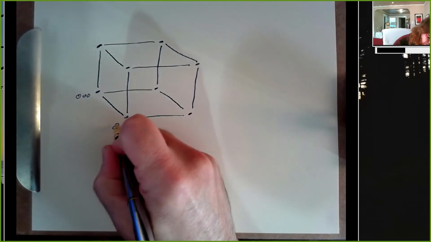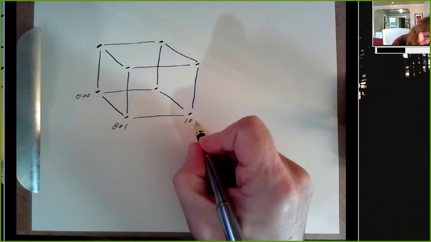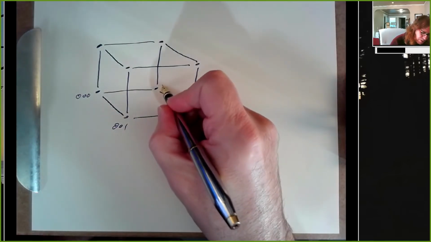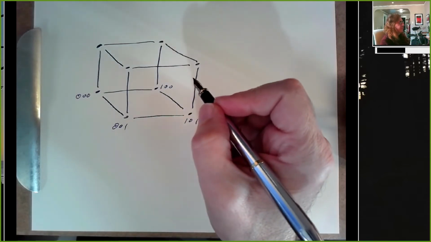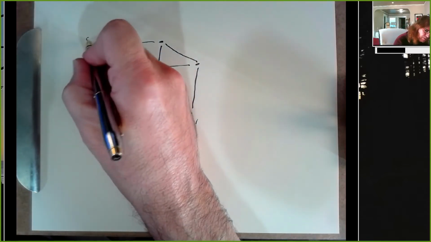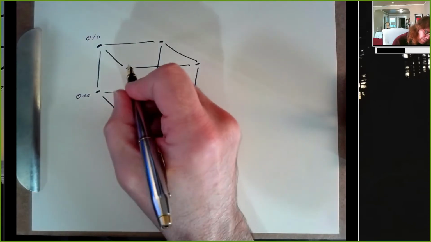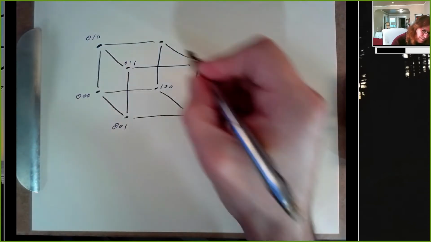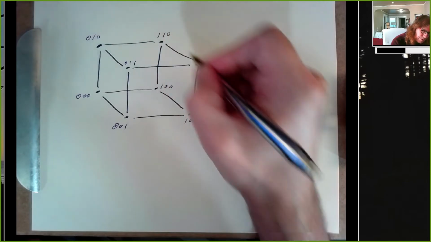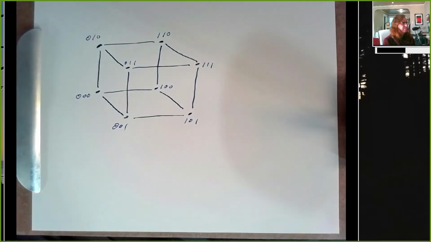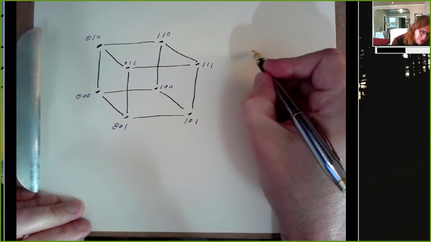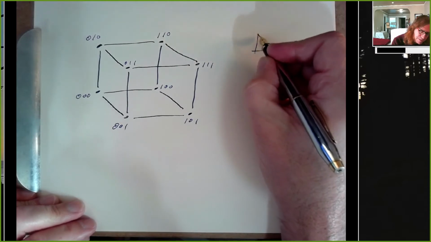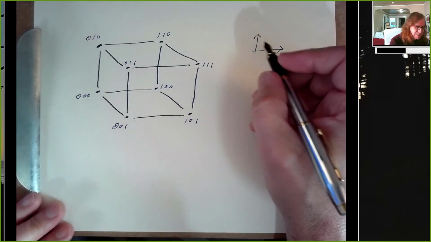This will be 0, 0, 1, 1, 0, 1, and 1, 0, 0. And then this will be 0, 1, 0, 0, 1, 1, 1, 1, 0, and 1, 1, 1. And if I were to think of this as a three-dimensional graph, I'm thinking of a coordinate system like this.